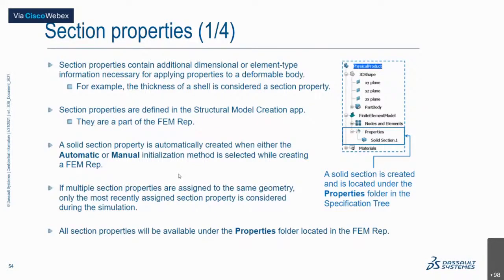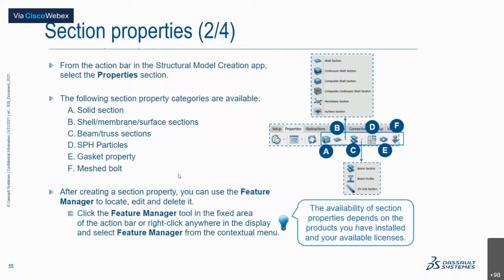If you initialize with the None method, no section property is created. There'll be just a properties command and you'll have to manually select the type of section. But with automatic and manual, you will have a solid section already created. All you need to do is apply the type of material that you have used to your mesh.